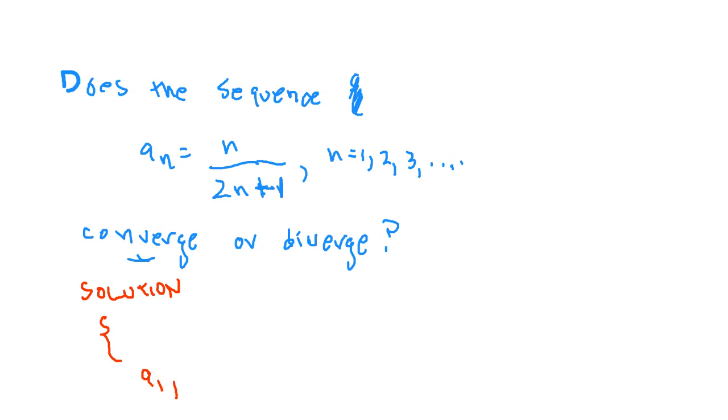Let's write out the first 4 terms of the sequence, or maybe 5 terms. What's the first term of the sequence? First term is when n is 1, and yes, I agree, that's 1/3. Good, Taj. What's the second term of the sequence when n is 2?